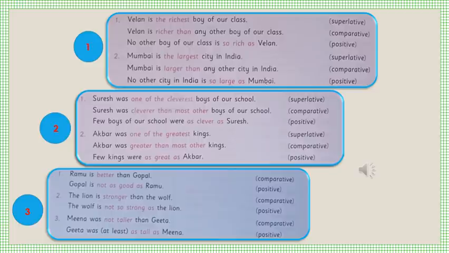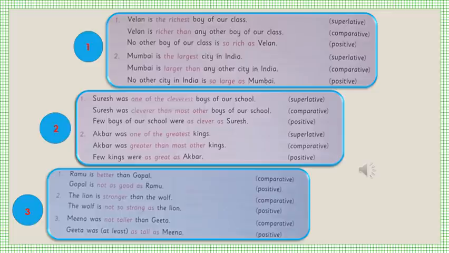Now you can see the third model, model 3. Ramu is better than Gopal. Gopal is not as good as Ramu, positive. When only two things are compared here, we don't have the superlative. The lion is stronger than the wolf.